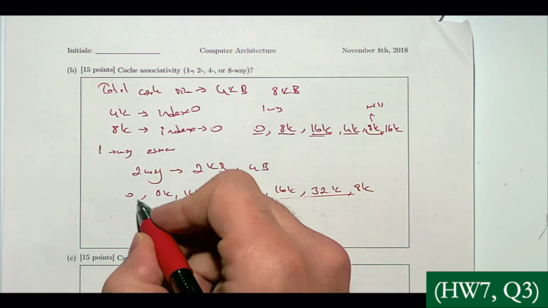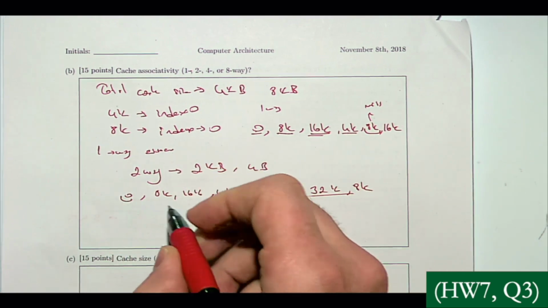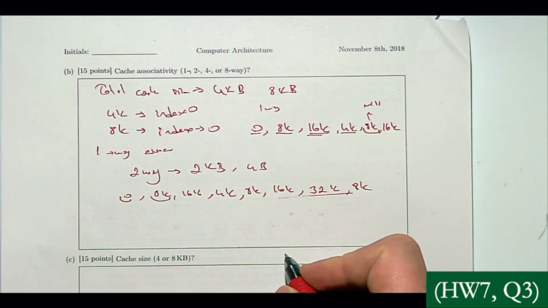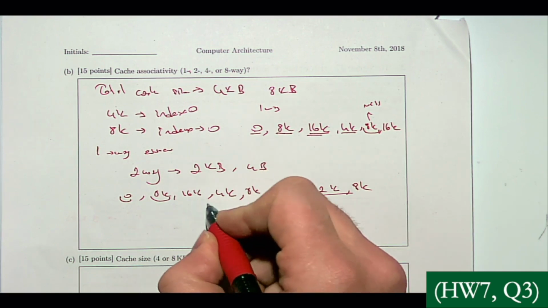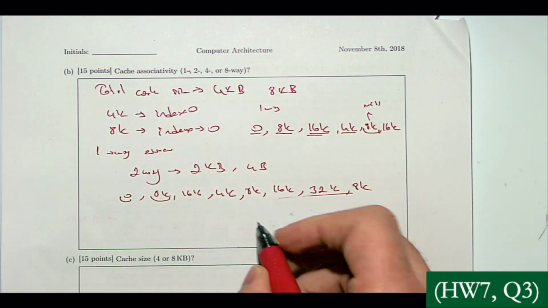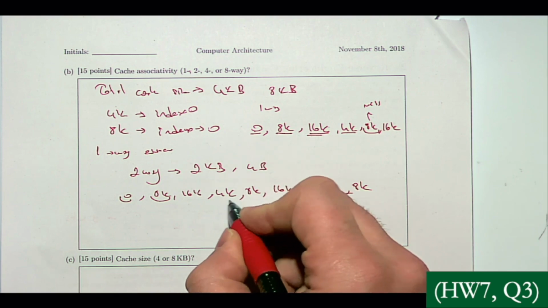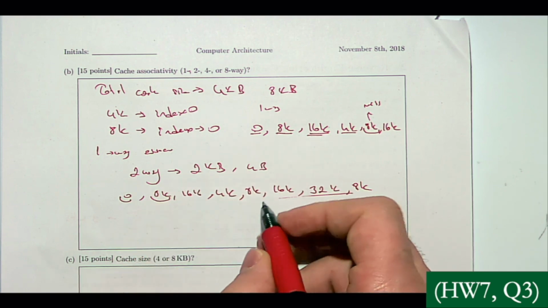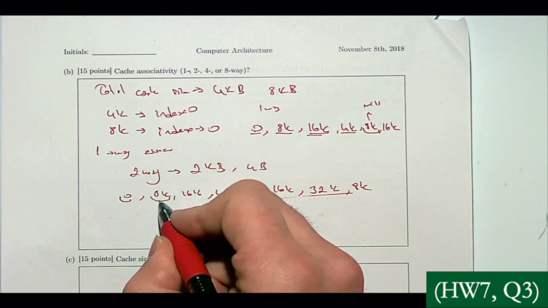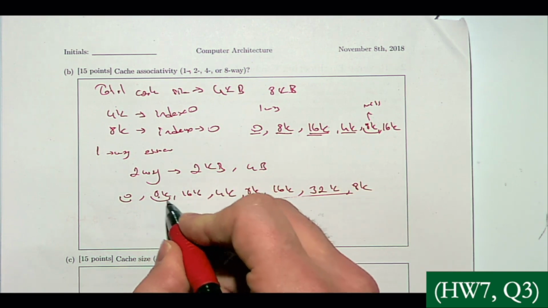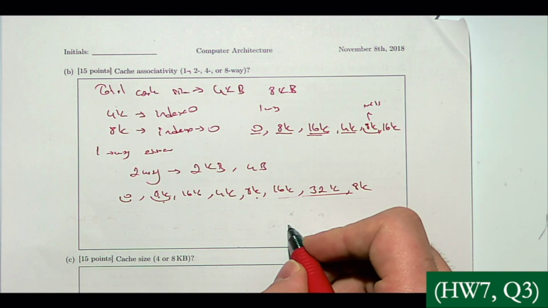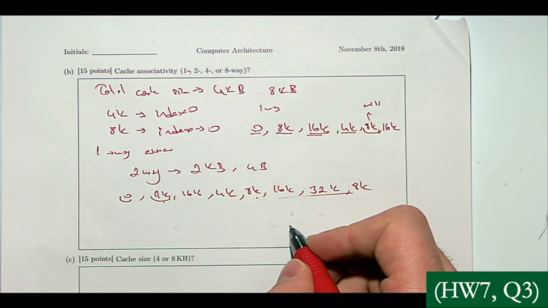For 2-way, I will have this one and this one for the first 2 accesses, and then I'm going to replace 16K for either of these, and then again replace 4K for either of these. So for sure 8 or 0 will be gone. Actually, both of them, right?